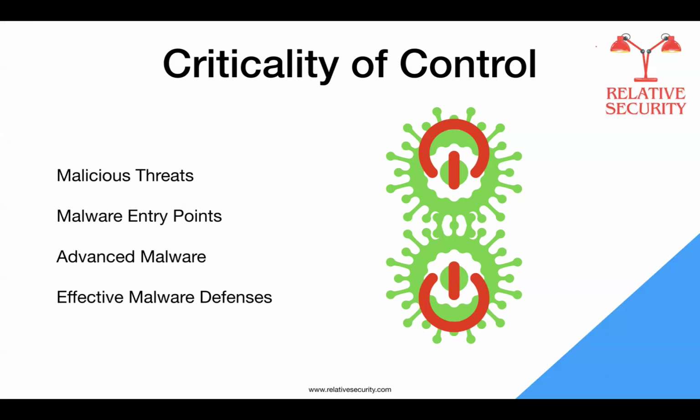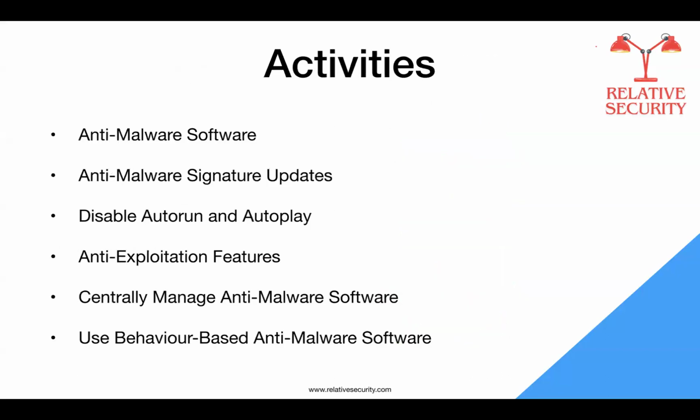So, what are the activities that can be done under this control, malware defenses? Well, you have to have anti-malware software, and anti-malware signature updates should be there. Anti-malware software helps protect against various types of malicious software such as viruses, worms, and ransomware by detecting and removing them from the system.